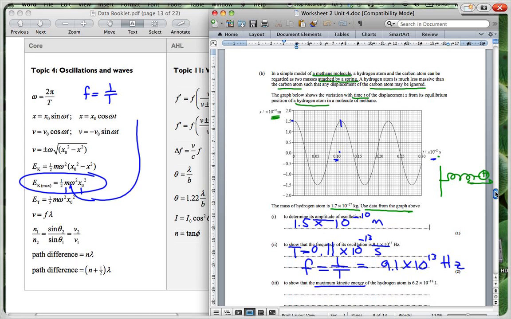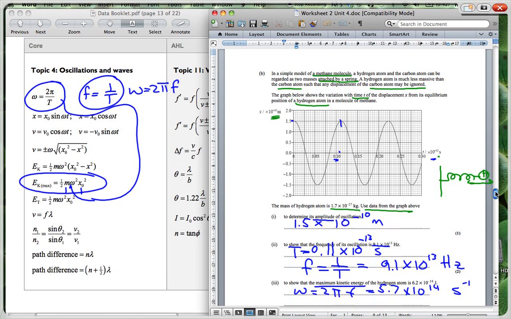But we can use this formula to do that, because omega is equal to 2 pi over T, but from this formula over here, we can say it's equal to 2 pi f. So if I put that in, I can work out my omega is equal to 2 pi f, and I should get something like 5.7 times 10 to the 14, and that's going to be radians per second.